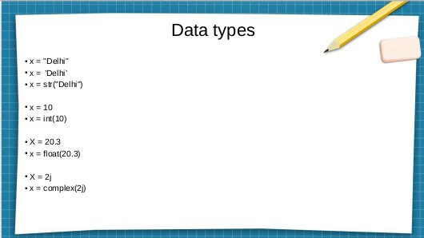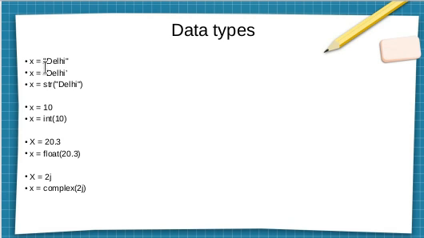Now let's see how we can assign these. We do not have to declare variables in Python, so we only have to assign a value and it will automatically know its type.